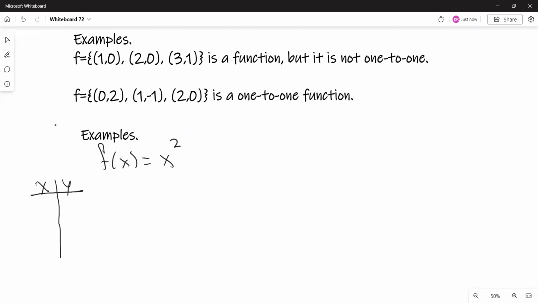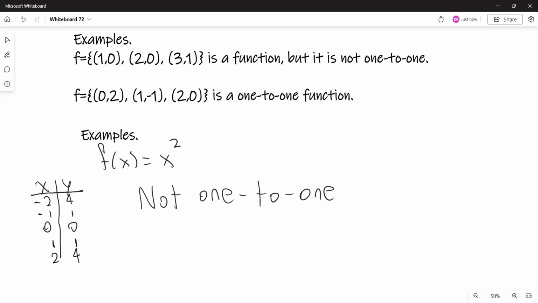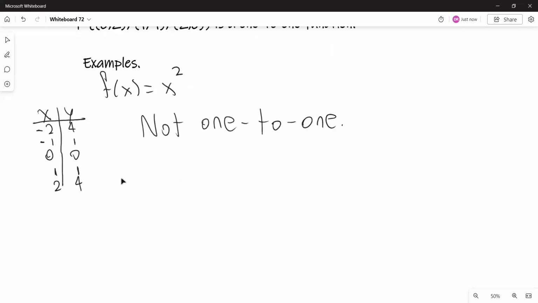It's not one-to-one because you have two x values, in this case, -1 and 1, with the same y value. Or -2 and 2 also have the same y value. So this function is not one-to-one. And I could keep on going, like -3, 9, and 3, 9, or -4, 16, 4, 16, and so on.